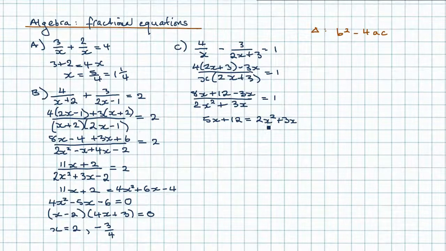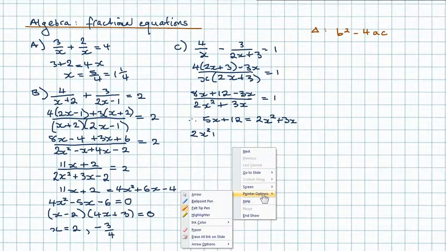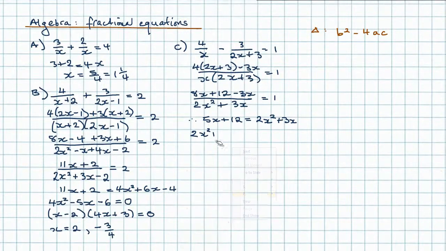Okay, so we've got that far. It just remains to gather like terms. So that becomes 2x squared plus 3x minus 5x. Let's make sure we've got the negative sign here: minus 2x, so 3x minus 5x is minus 2x.